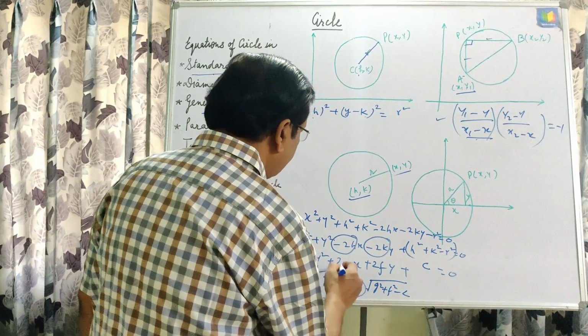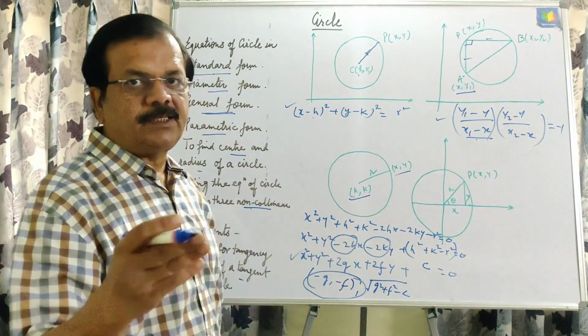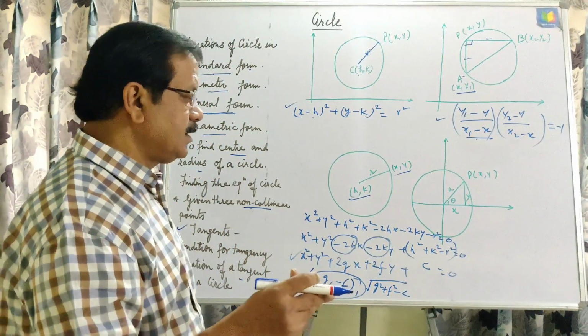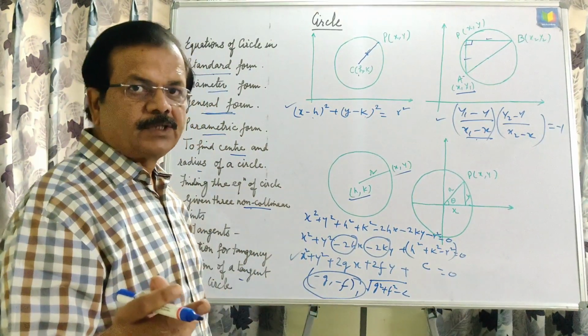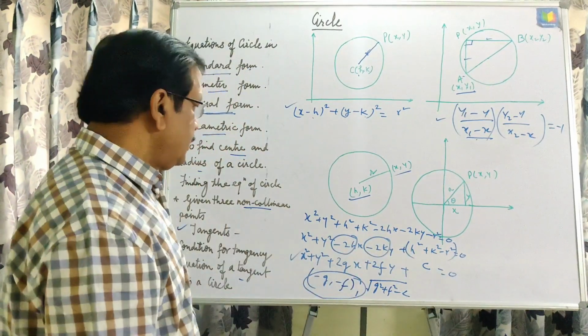You can understand another way also, that is (x plus g) whole square plus (y plus f) whole square is equal to g square plus f square minus c.